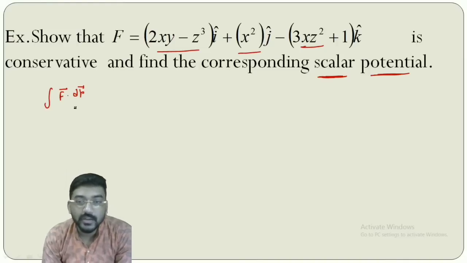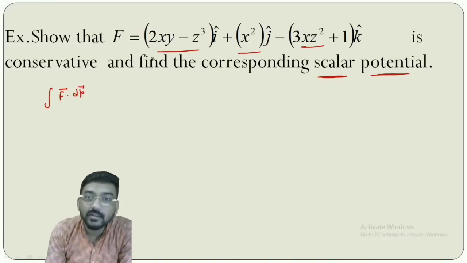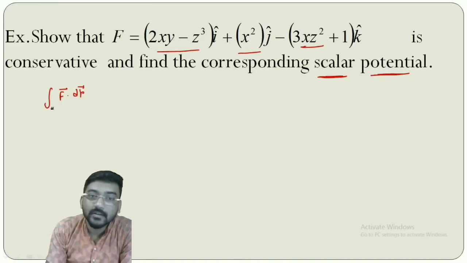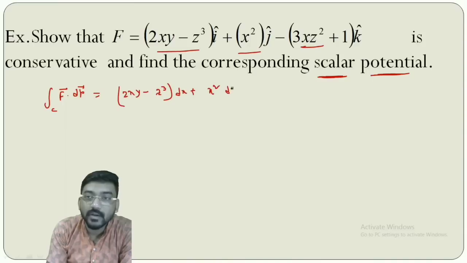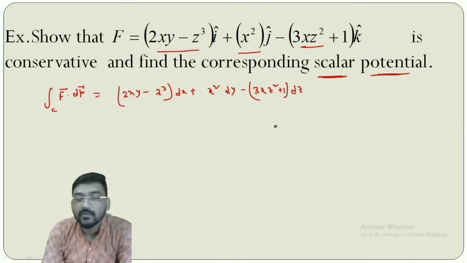So what is f dot dr? From this expression, the line integral of f dot dr will simply be (2xy minus z cubed) dx plus x squared dy minus (3xz squared plus 1) dz.